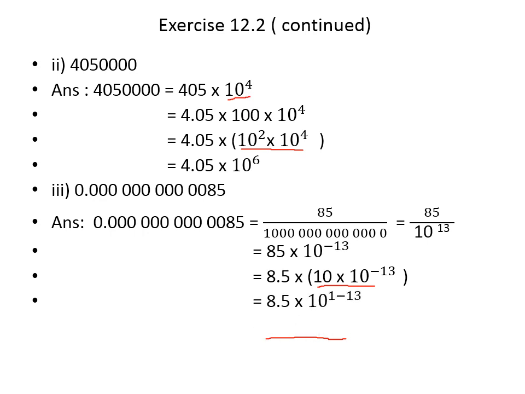So 8.5 as it is, 10 can be written as 10 raised to 1. So 10 raised to 1 minus 13, plus into minus is minus. So 8.5 into 10 raised to 1 minus 13, which is equal to 10 raised to minus 12. So this is again we expressed in the standard form.